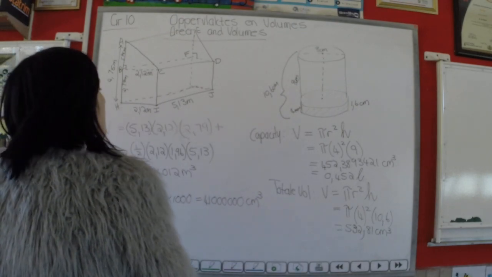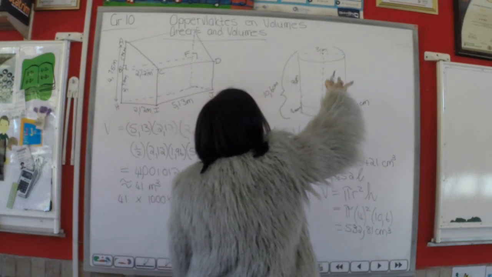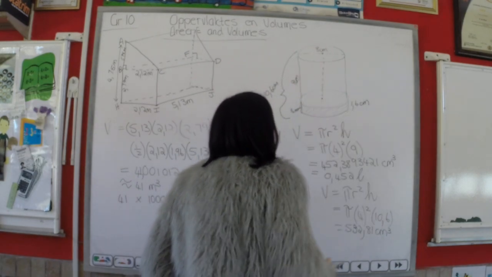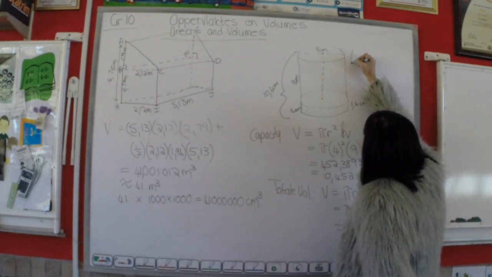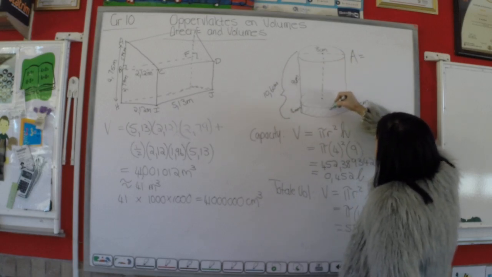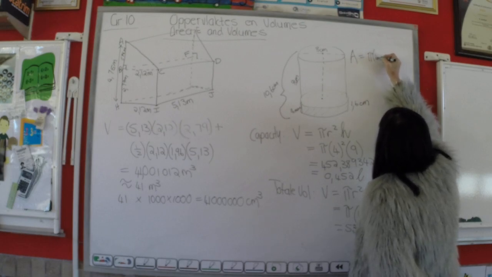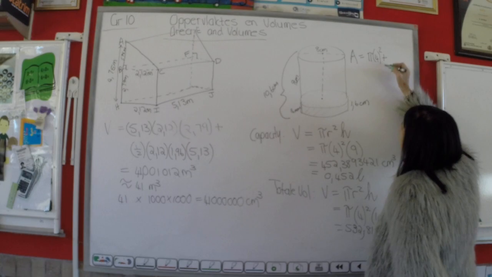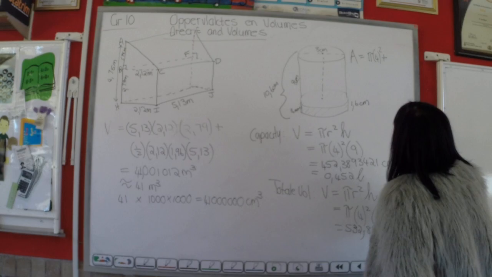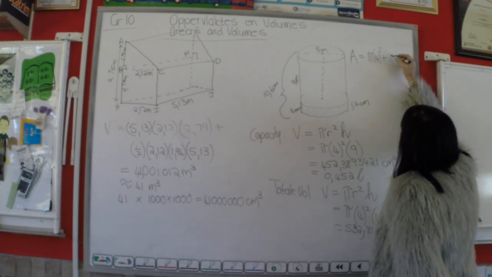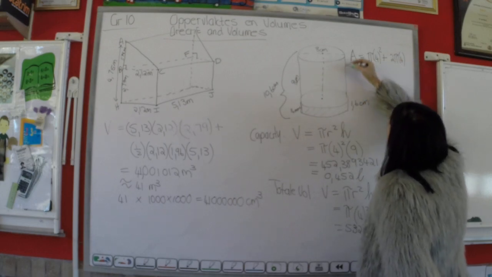The last question is the surface area of the interior glass. So remember, a glass is open, so the surface area of the glass on the inside is the area of a circle, so that's going to be P radius squared plus the area of the inner part of this glass, which is 2P radius times this height.